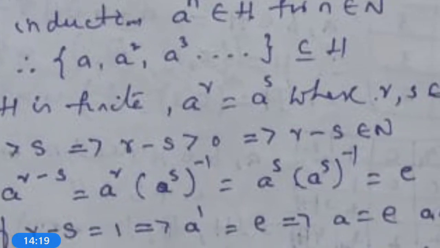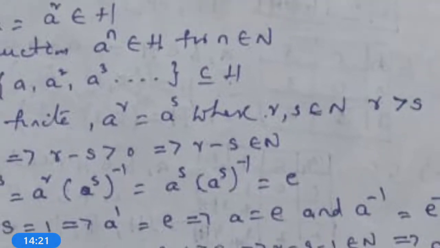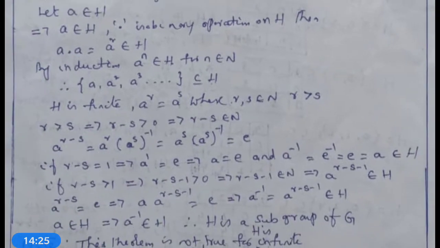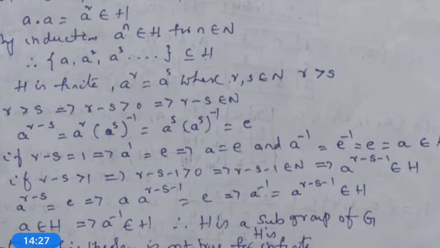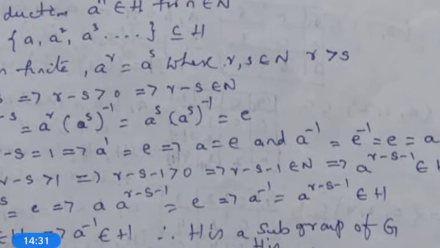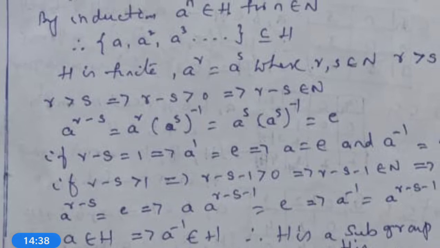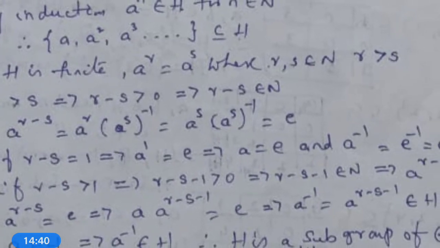H is finite. Therefore, a power r is equal to a power s, where r, s belong to capital N and r greater than s. Since H is finite, let us assume two elements in H, say a power r and a power s, are equal.